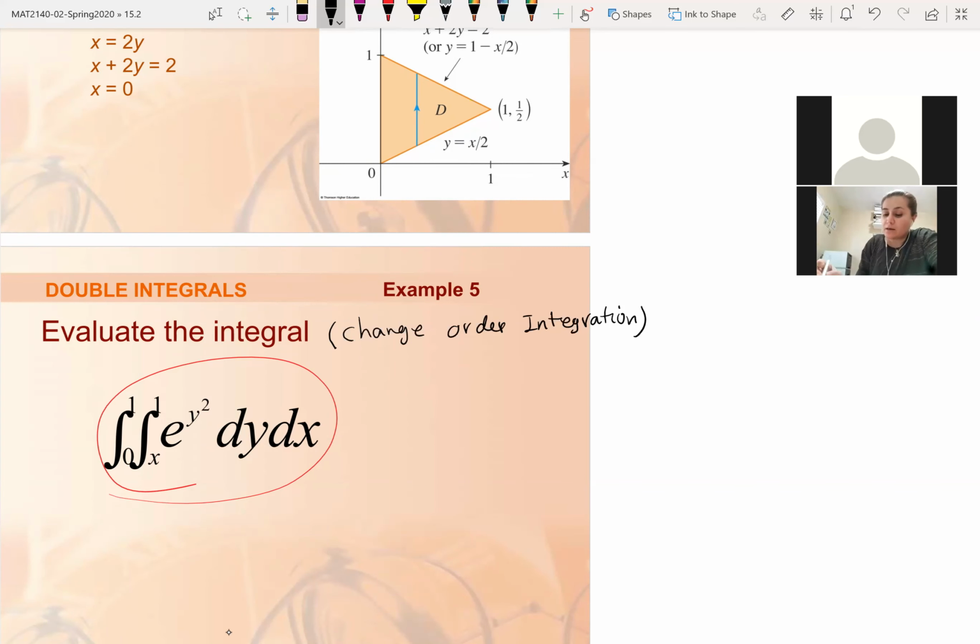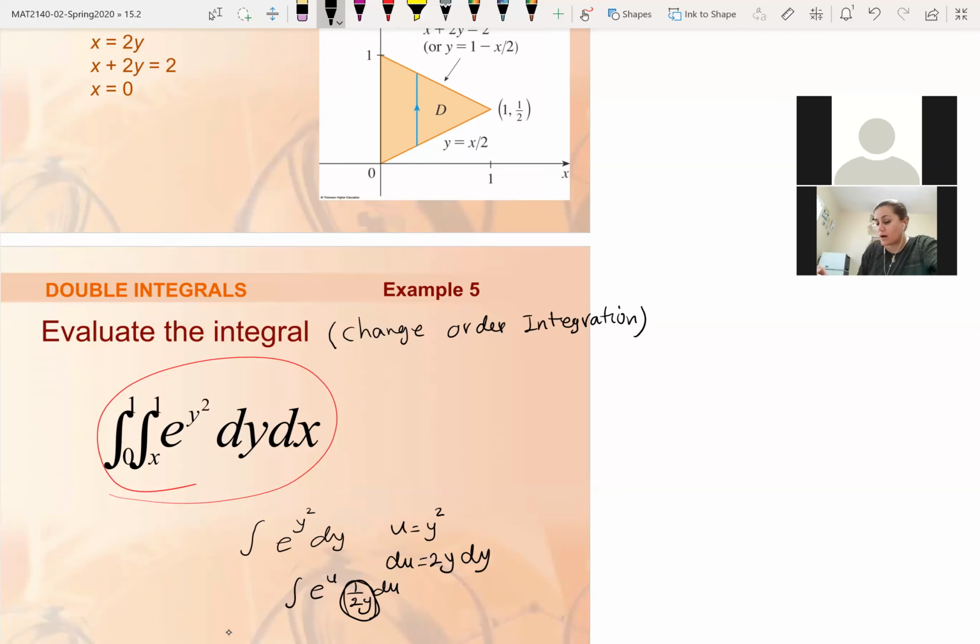Because if you have just e to the y square dy, and you try to call u, for example, y square, which is your exponent, then your derivative is 2y dy. So then you will have e to the u, and dy is 1 over 2y, and then whatever is just your du, which means I don't know how to replace y.